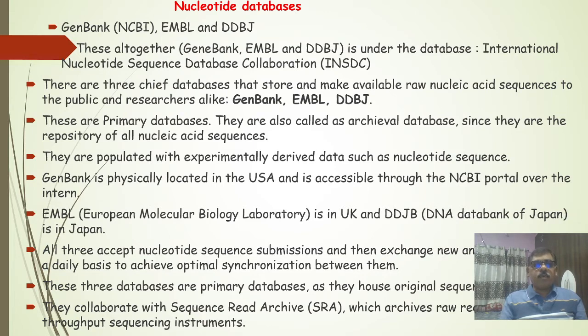Altogether, GenBank, EMBL, and DDBJ are under the International Nucleotide Sequence Database Collaboration. These three are the primary databases. This is the composite database, the International Nucleotide Sequence Database Collaboration. There are three major databases that store and make available raw nucleic acid sequences to the public and researchers, and these are GenBank, EMBL, and DDBJ.